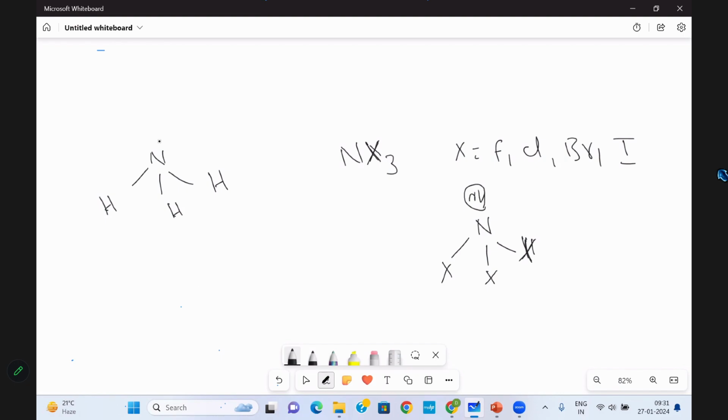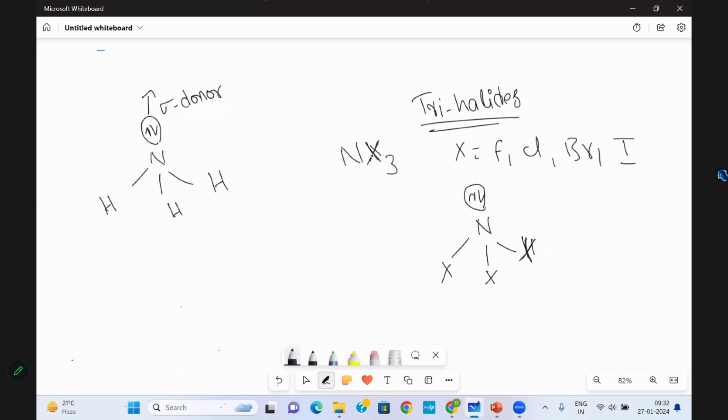Ammonia is a hydride. In NX3, all the X are halogen atoms, like trihalides. We have the lone pair here, right? Now let us compare. You all know that NH3 is a very good sigma donor.